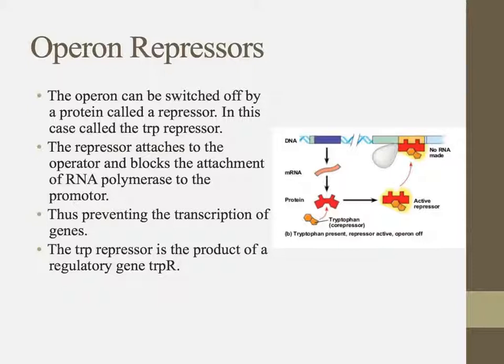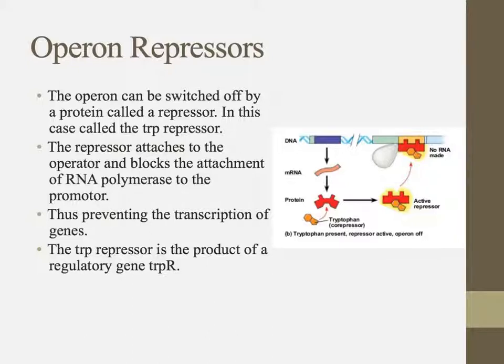So now we're going to talk about operon repressors. The operon can be switched off by a protein called a repressor, in this case called the TRP repressor, TRP standing for tryptophan. The repressor attaches to the operator and blocks the attachment of RNA polymerase to the promoter, thus preventing the transcription of genes. The TRP repressor is the product of a regulatory gene, TRPR.